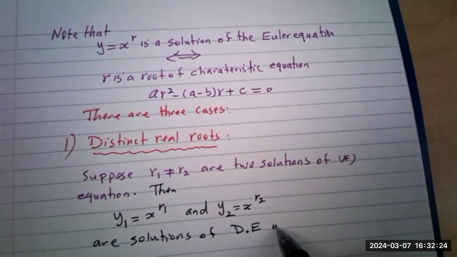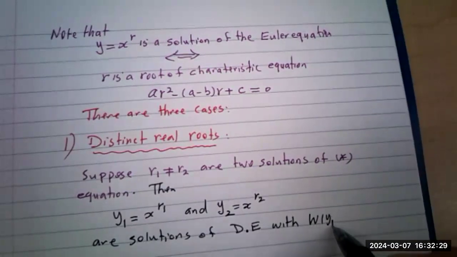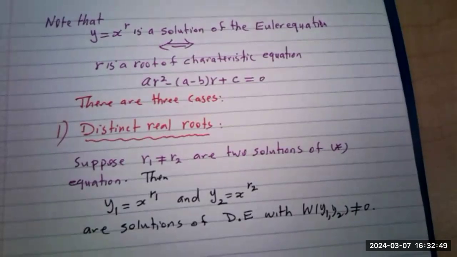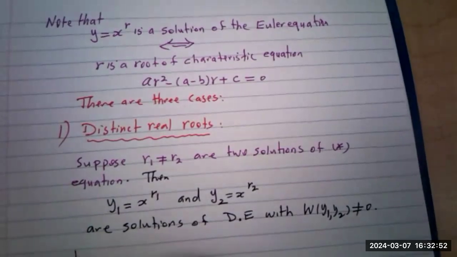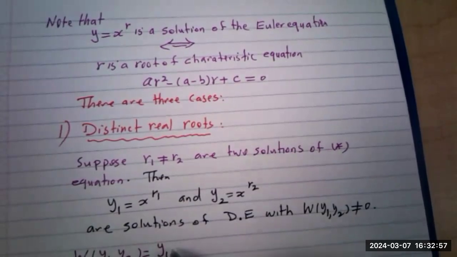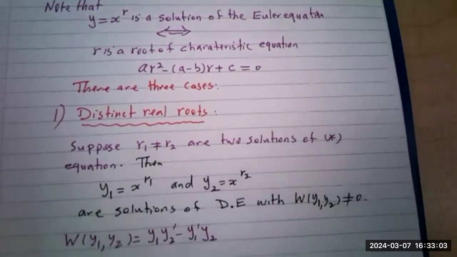You can check it with the condition that the Wronskian of y1, y2 is not equal to 0. It's very easy to check the Wronskian because you just get powers of x. Since x is positive, the Wronskian is y1 y2 prime minus y1 prime y2.